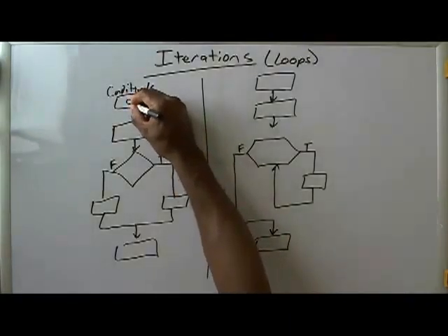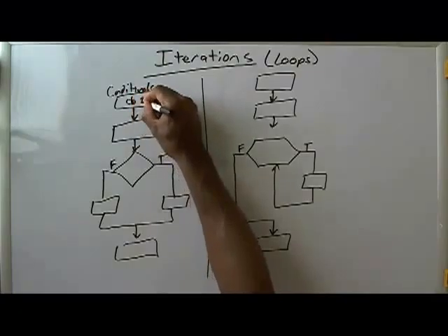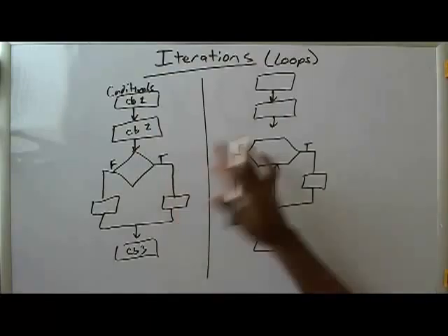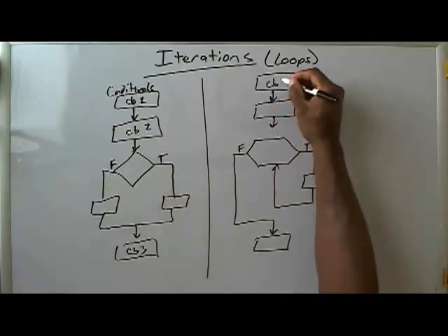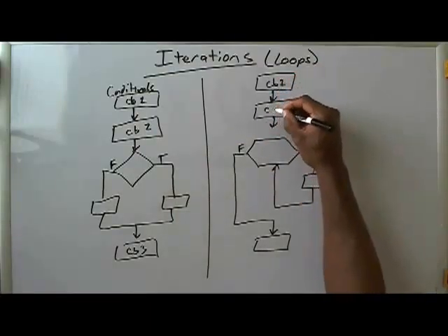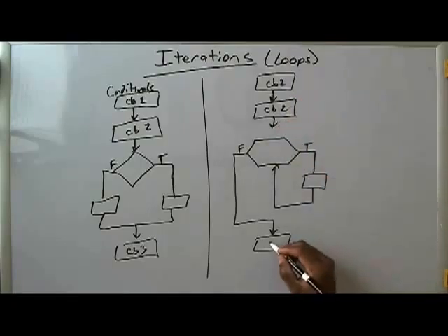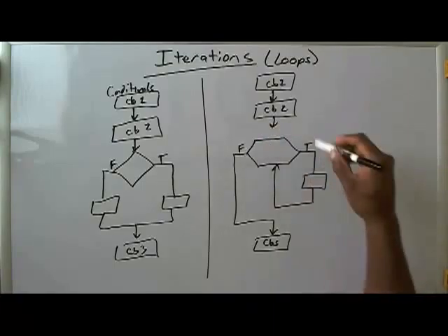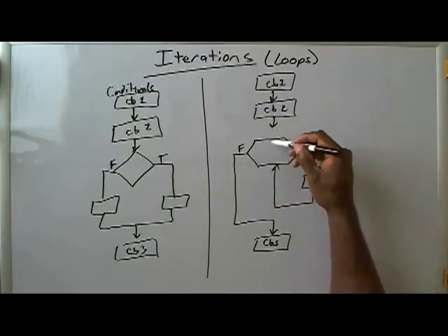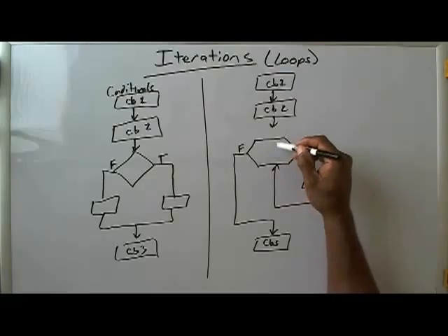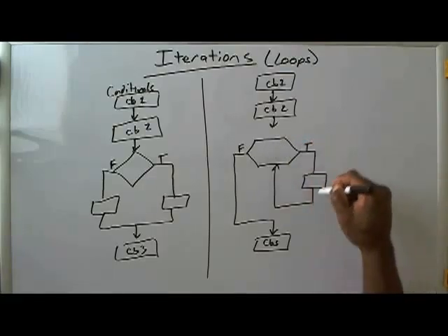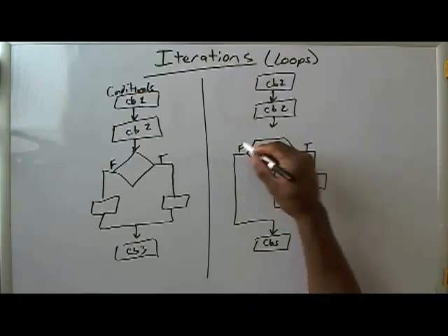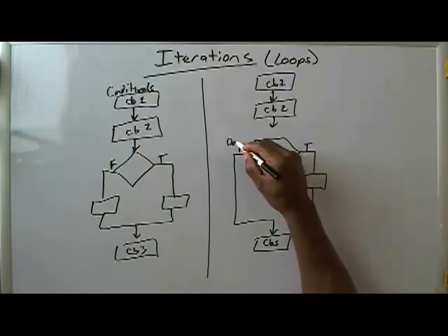So if this is code block 1, and this is code block 2, and this is code block 3, then the sort of equivalent, not exact, but sort of equivalent flow diagram over here with a loop is you would do some code block here, some code block here, and then you would come here, set up your iteration here, whether it be a for or a while, and then you would go through that iteration until your condition is either false, or in the case of the for loop, you're done.